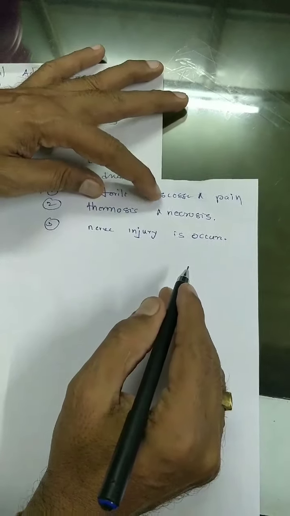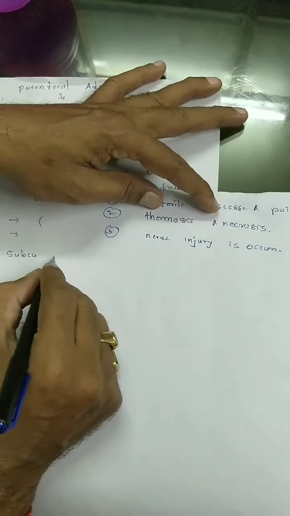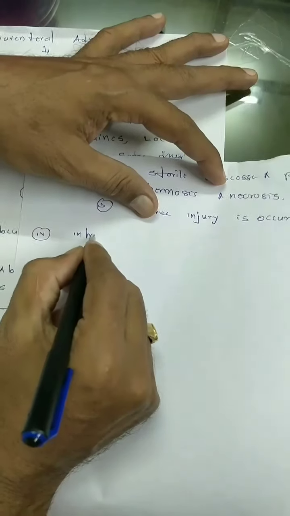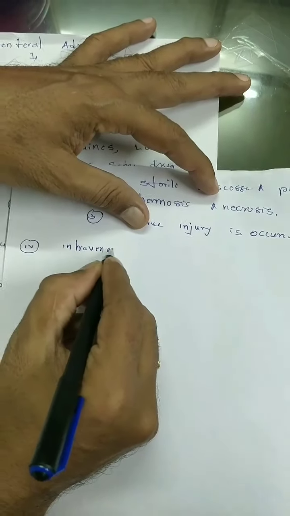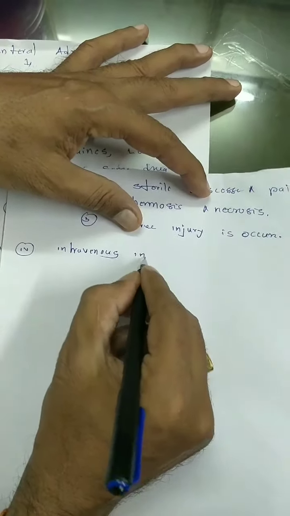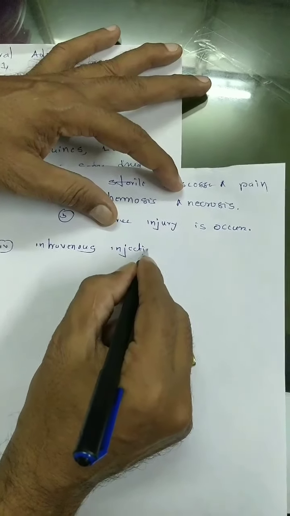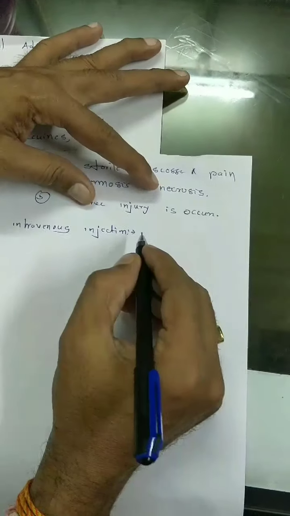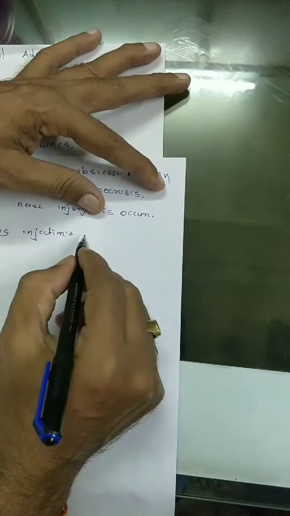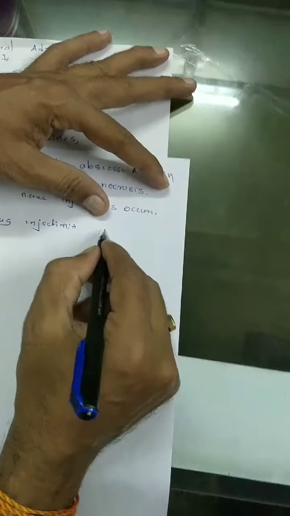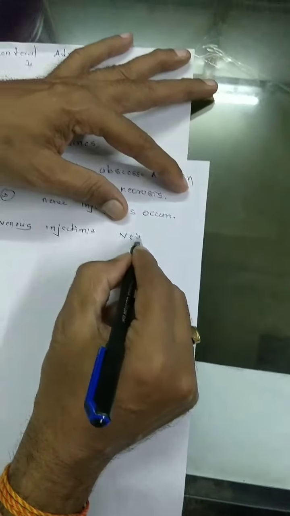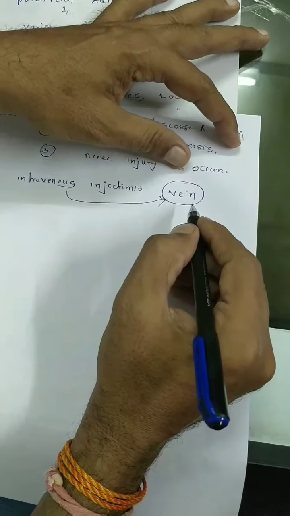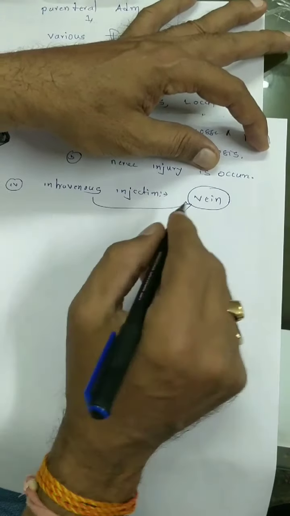Okay. Now the next injection form, intravenous. It's a common route. The drug can be administered directly into the vein, it goes into the blood, and that's called intravenous.